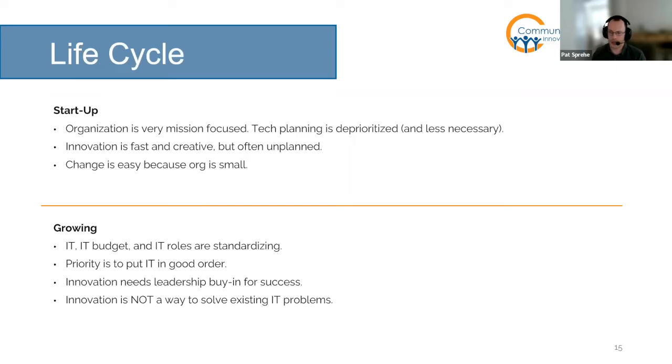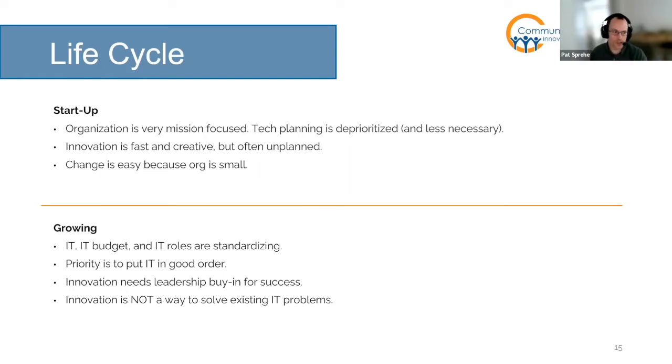At this point, the priority becomes putting IT in good order, making sure that there's a solid baseline, that IT is working well, that people can do their work. The purpose of IT is to help the organization accomplish the mission. So there needs to be good working IT to accomplish that mission.